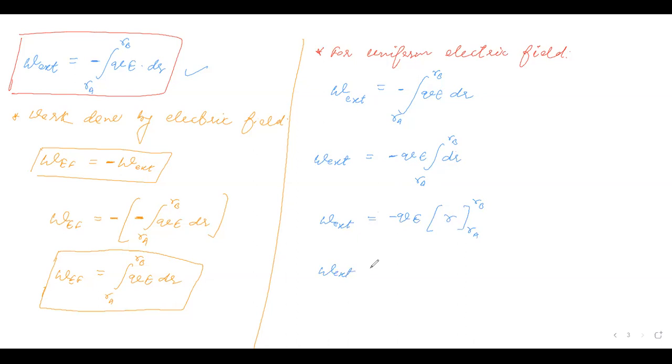Again, W external is equal to minus of Q into E times RA to RB, which can be written as RB minus RA.